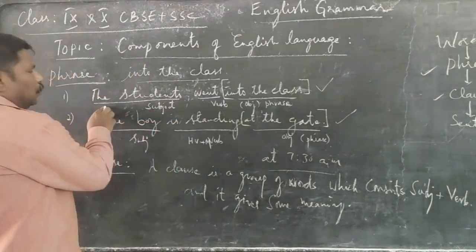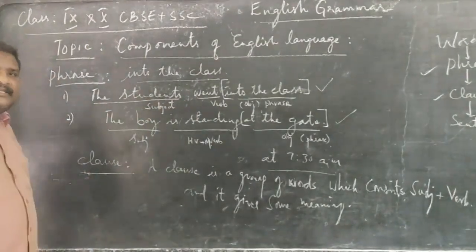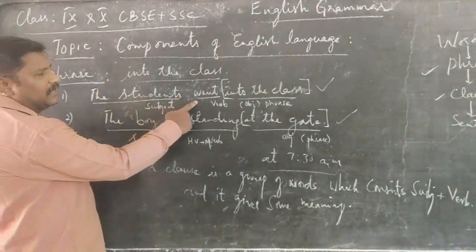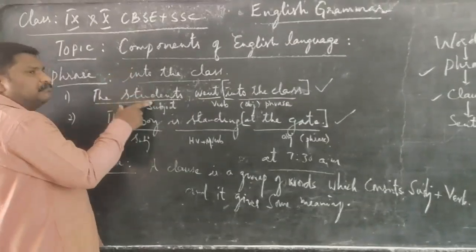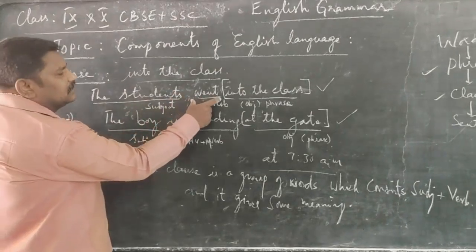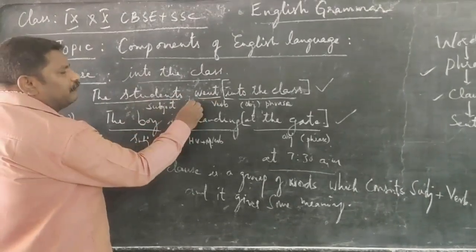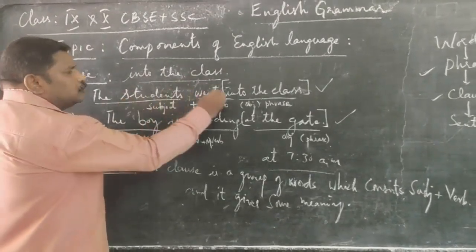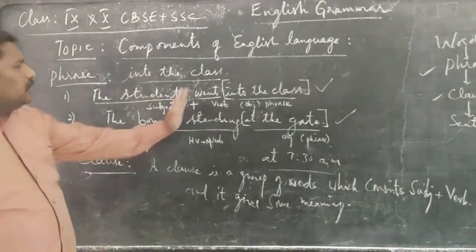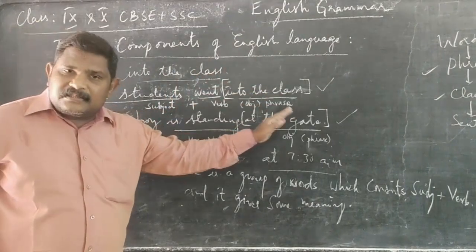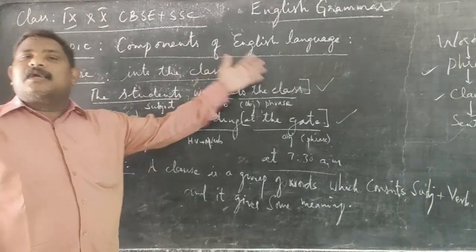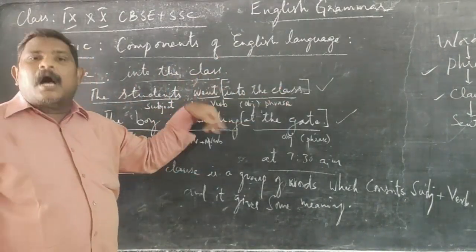The sentence has the component of subject over here, and it also has the component of verb here. The students went. If I take only this portion, the students went into the class, the students went to the ground, the students went outside.